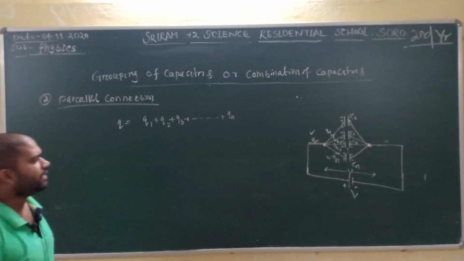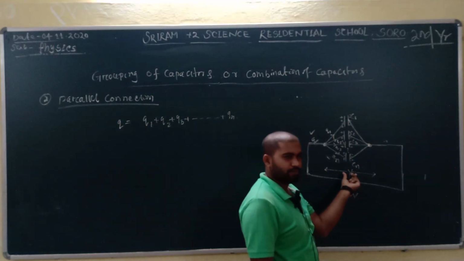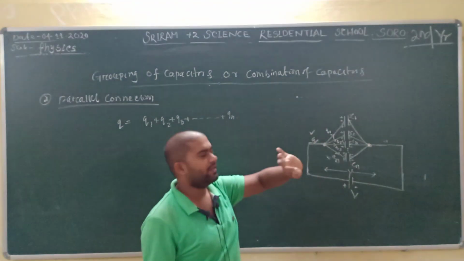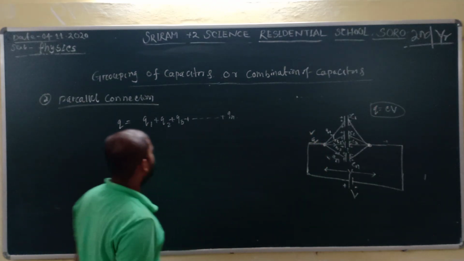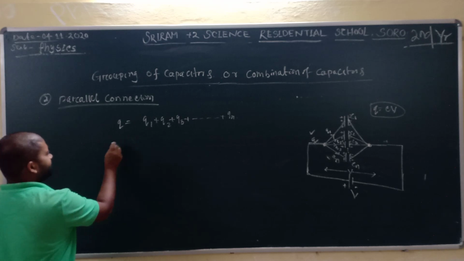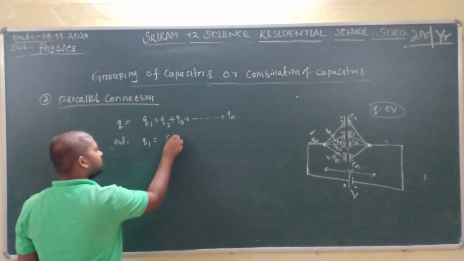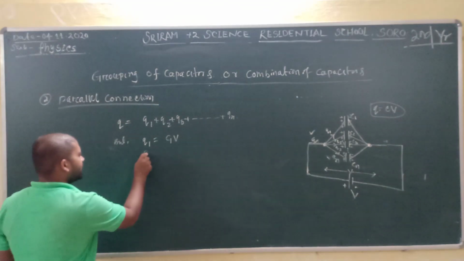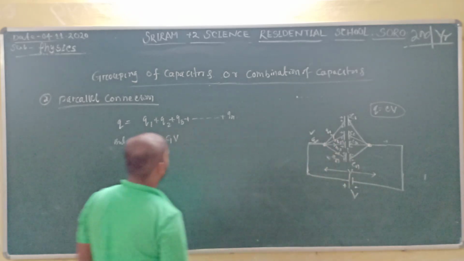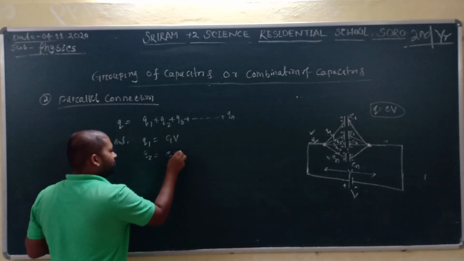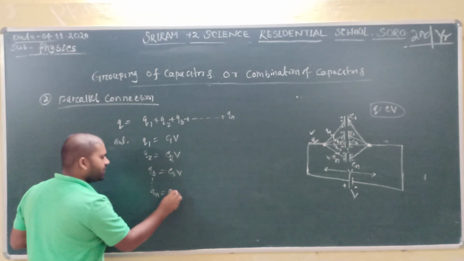For capacitor C1, the potential difference is V and the charge is Q1, and everyone knows Q equals CV. So Q1 equals C1V, Q2 equals C2V, Q3 equals C3V, and like this Qn equals CnV.